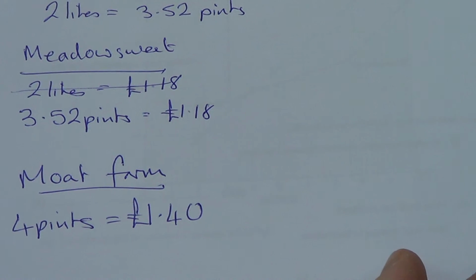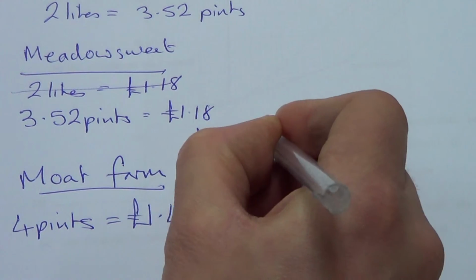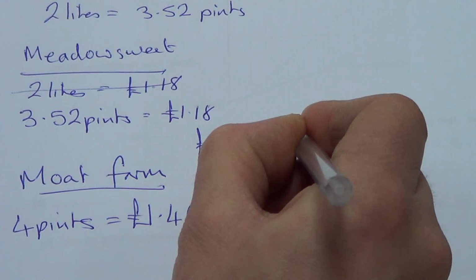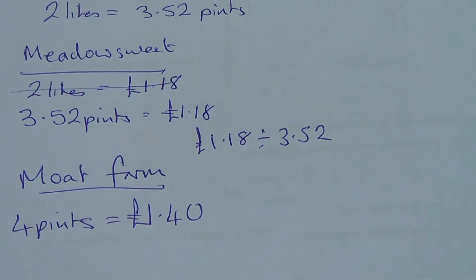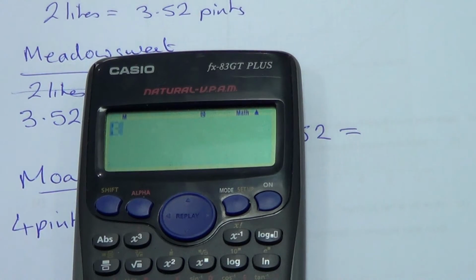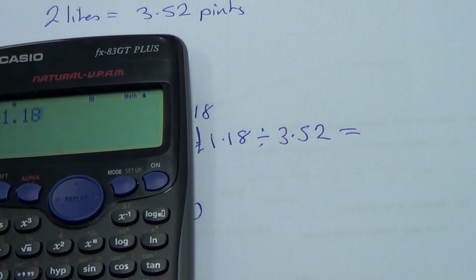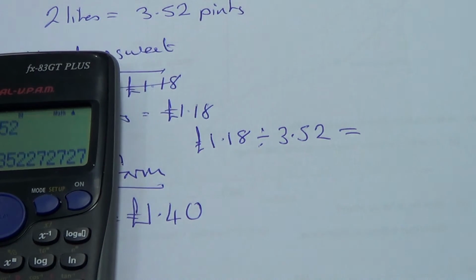So for my Meadow Sweet, if I do £1.18 divided by 3.52 pints, I'm going to figure out how much each pint costs. And when I do that, I'll do it on my calculator, £1.18 I've written down, divided by 3.52, and I'm going to get an answer of, press my SD button, 0.3352.